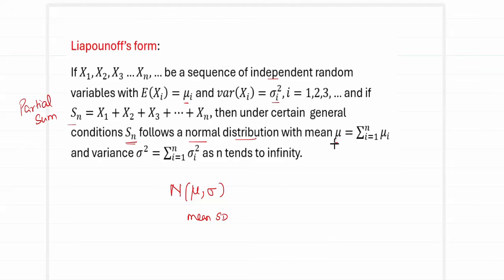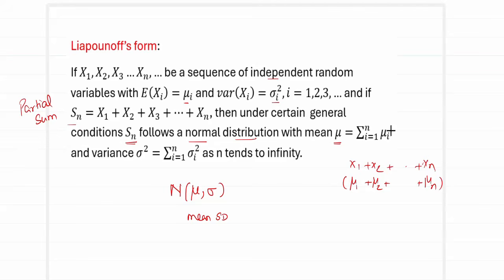The mean mu of your Sn will be the addition of all the means of these n random variables. If x1 has mean mu1, x2 has mean mu2, and up to xn has mean mun, then the sum of all these random variables will have a mean equal to the addition of all their means.